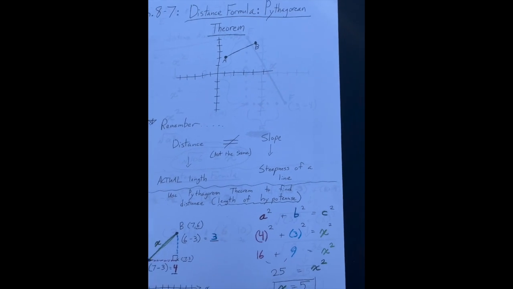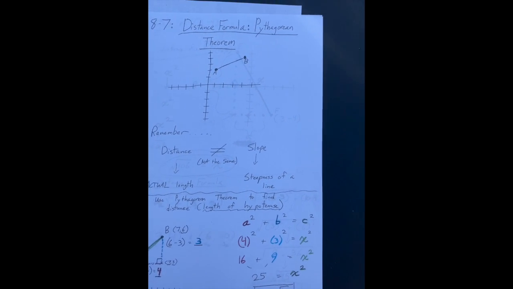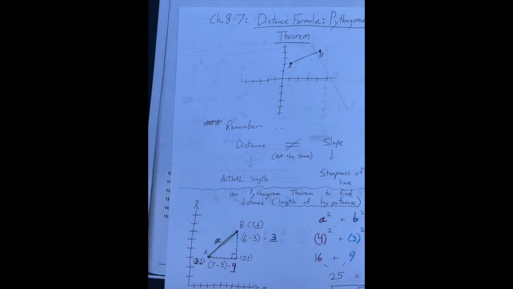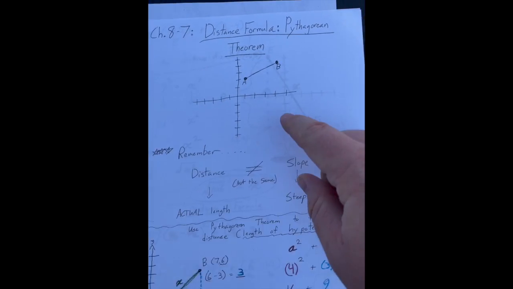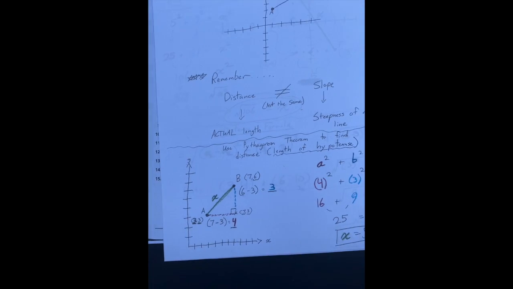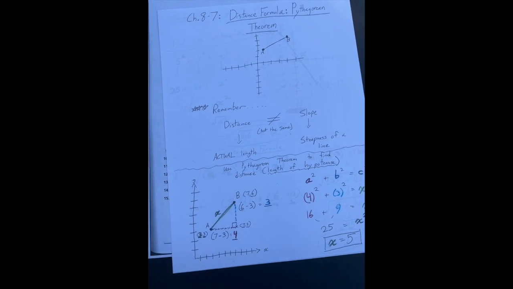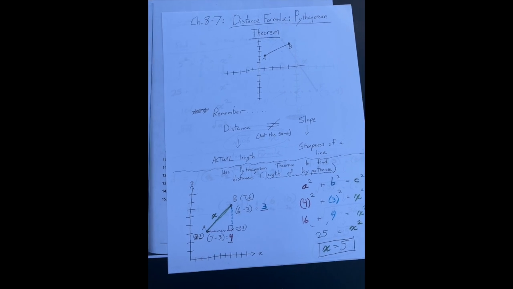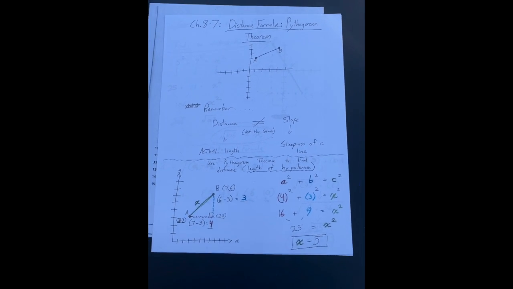Is it a heavy incline or decline? Is it an easy incline or decline? Distance is the actual length from A to B. So I wanted to make sure that was very clear for you guys to understand. I know that we didn't get a lot of time to go over that when we were doing coordinate grid, but no time like the present.